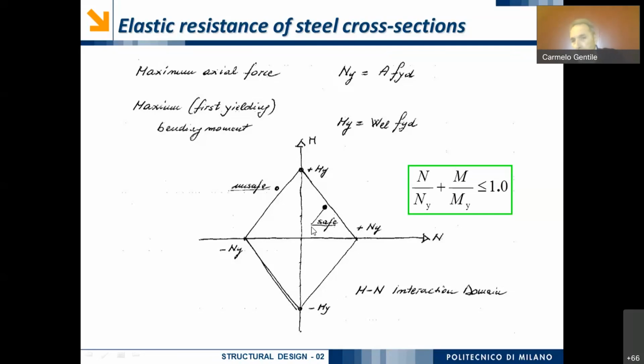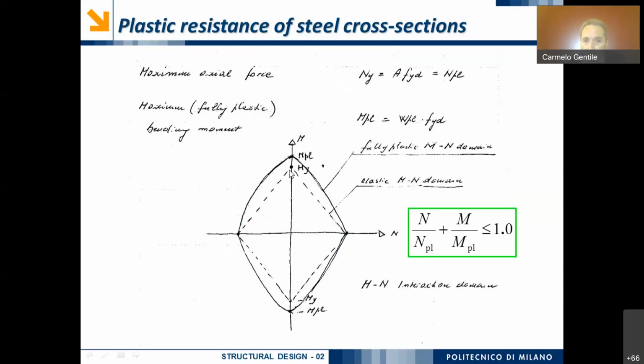Of course, the points Mpl here and minus Mpl here are a little bit larger than M epsilon, because we have said that, for example, for an I-beam, the ratio between Mpl and M epsilon is 10%.